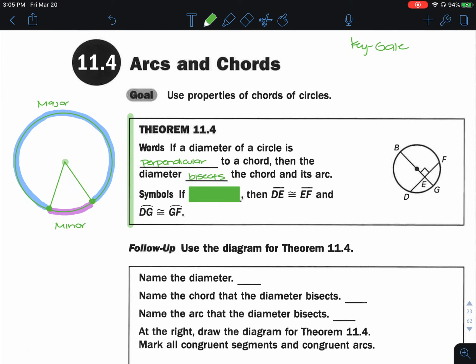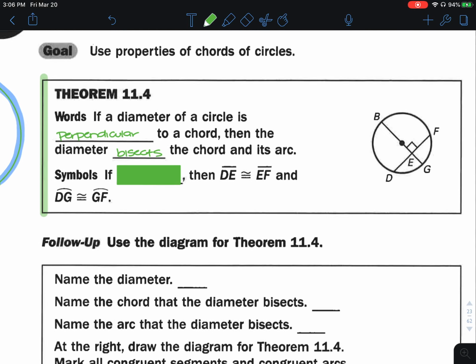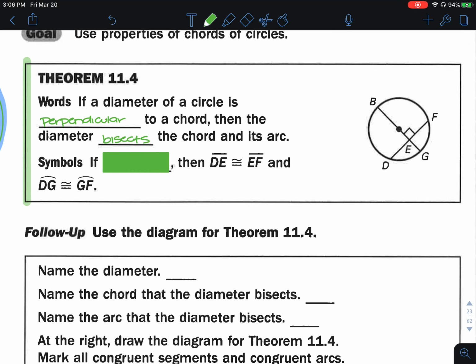Okay, so this is basically saying that if I have my circle, which is on the right, if I have my diameter, BG in this case, and it's perpendicular to my chord, in this case DF is my chord.